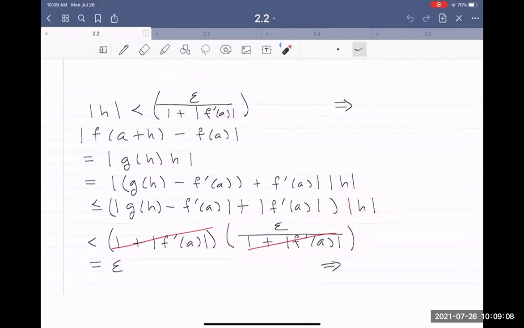This is because of delta 2. These cancel. So what I have remaining is epsilon. And so that says that this is less than epsilon for all epsilon.